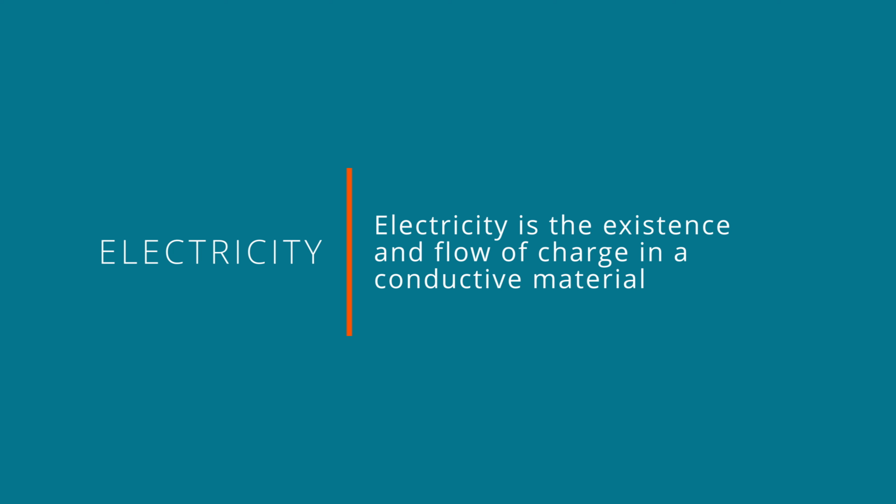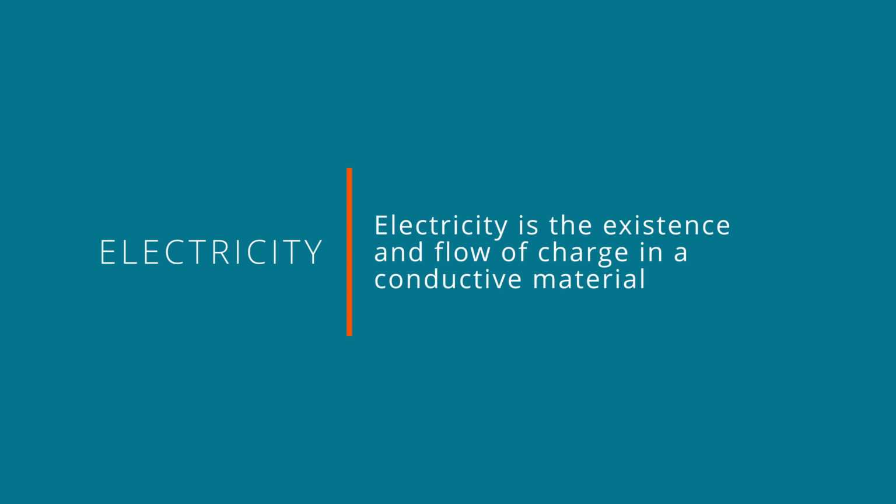From what we've just discussed, if there's no voltage or current in an electric circuit, then there's no capacity to do any work in that electric circuit. So there is no energy. So the definition of electric energy just builds upon the definition of electricity that we discussed earlier on. So let's go over the definition of electricity again.